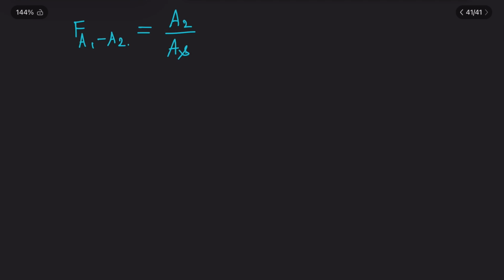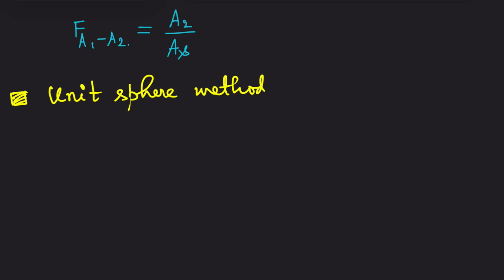Similarly, we have something called unit sphere method. So what does this say? This says that I can consider a sphere like this.